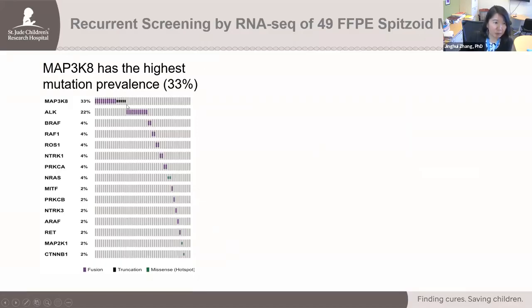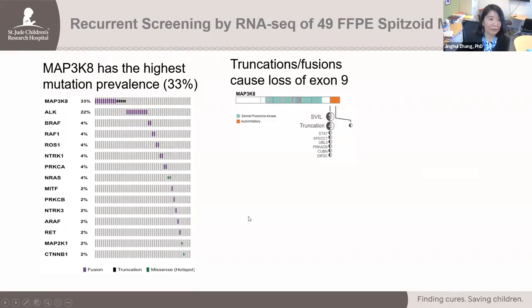These changes are mutually exclusive with all the other kinase activation events discovered in this cohort. Most strikingly, all these events involve the loss of exon 9, as we can pinpoint the locations of these gene fusion or truncation events discovered in this cohort.